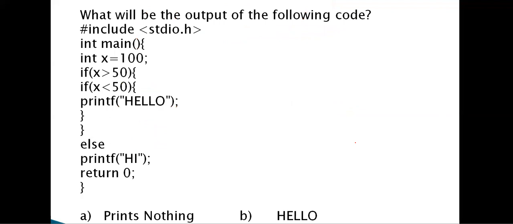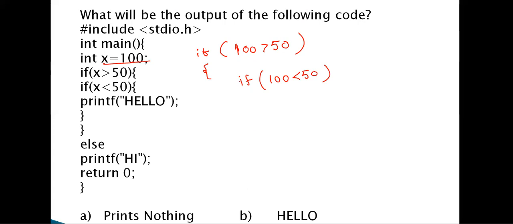Okay. Now x is equal to 100. Check the condition. If x greater than 50, 100 greater than 50, the condition is true. If the condition is true, what we are doing? Again, you will write like this: if x less than 15, observe the brackets.